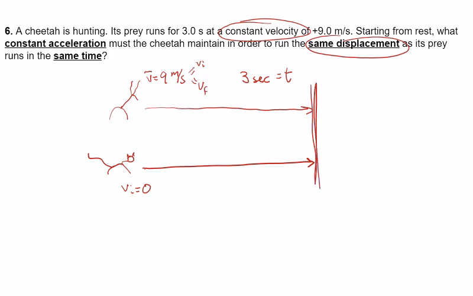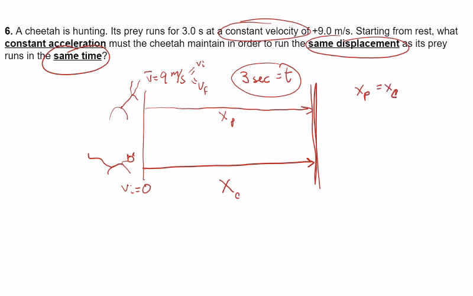So this x for the cheetah is the same as the x for the prey. Put a C and a P on there. And they're going to do it in the same time, because at time 0, they were side by side, and then 3 seconds later, the cheetah has caught up. So the key idea here is the displacement of the prey is going to equal the displacement of the cheetah.